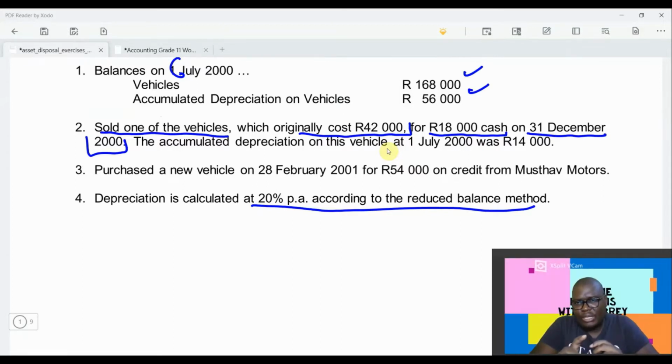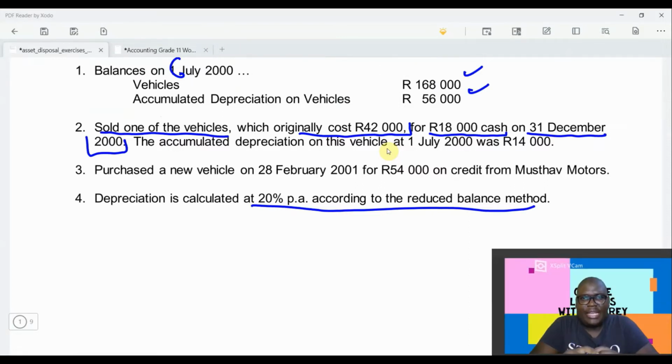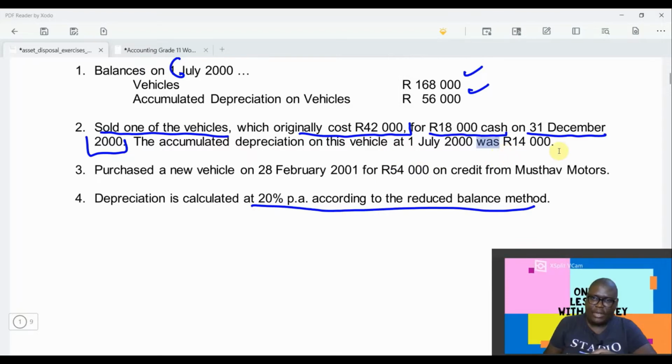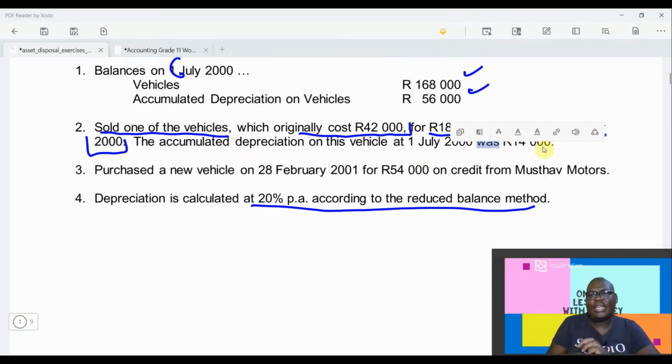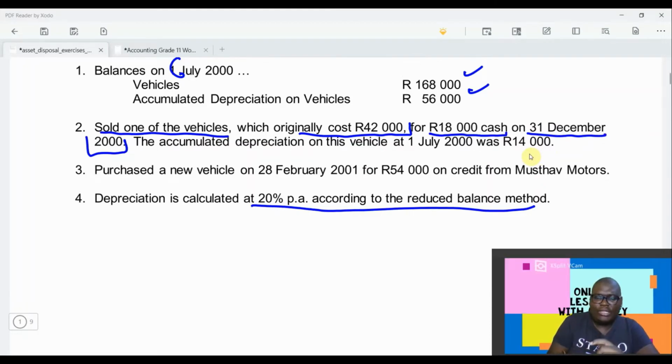We are told that accumulated depreciation on vehicles was 14,000 at the beginning of the year. So we know already that the accumulated depreciation was 14,000, right? And then the cost price was 42,000.